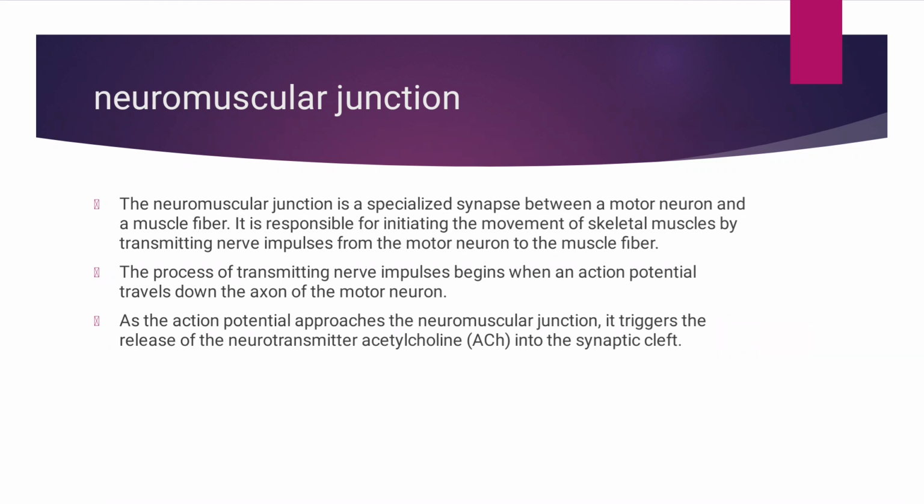This process begins when an action potential travels down the axon of the motor neuron. As the action potential approaches the neuromuscular junction, it triggers the release of the neurotransmitter called acetylcholine into the synaptic cleft.